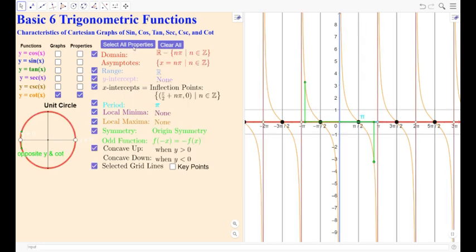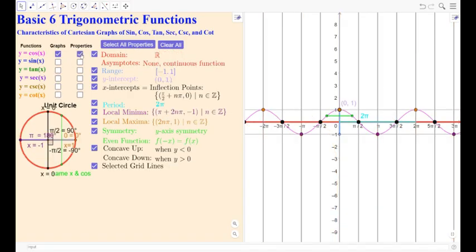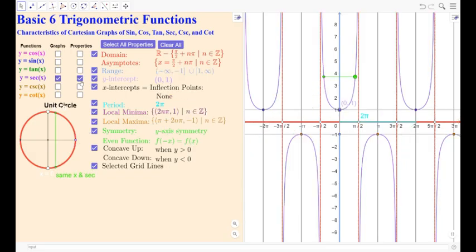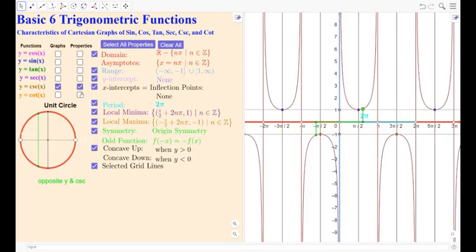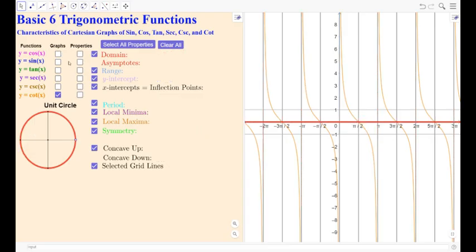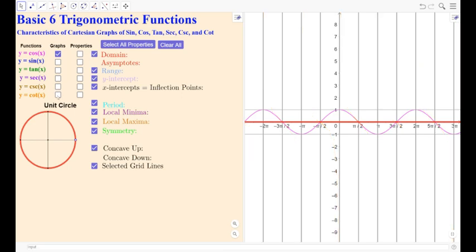Here's all those properties together, and now we have summarized all the different ones. So here were the properties of sine, cosine, tangent, secant, cosecant, and cotangent. In my class, I expect my students to memorize all of this, but hopefully you're not just memorizing it, you're memorizing it by understanding what you see on the graphs.